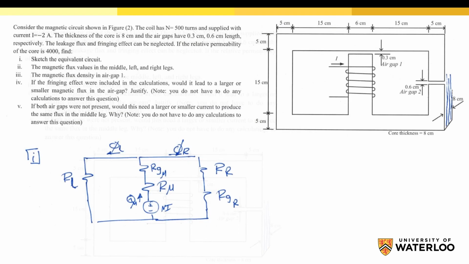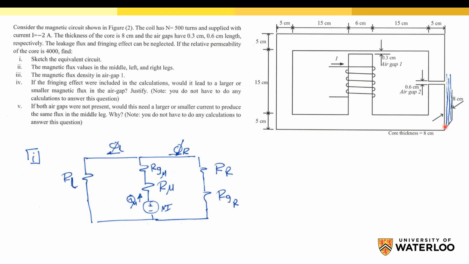Okay. First, we need to sketch the equivalent circuit. We have a coil, so we have a source. We have this core in the middle, so we have a reluctance for the middle. We have an air gap in the middle, so we have this reluctance representing the air gap in the middle. And we have a left core, so we have a left reluctance.